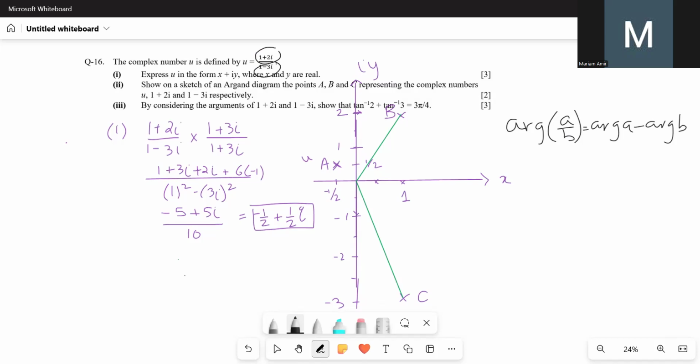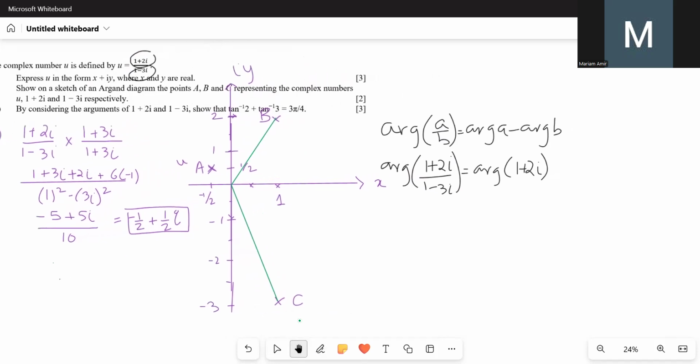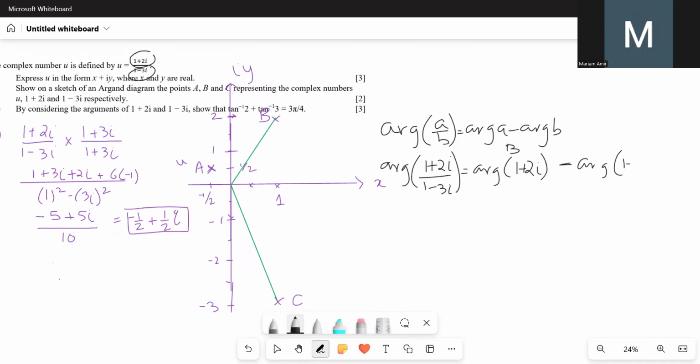So we're going to write argument of 1 plus 2 iota over 1 minus 3 iota will be equal to argument of 1 plus 2 iota, which is, by the way, B, the argument of B, minus argument of 1 minus 3 iota, which is C. So that is what they were pointing at by saying that by considering the arguments of 1 plus 2 iota and 1 minus 3 iota.